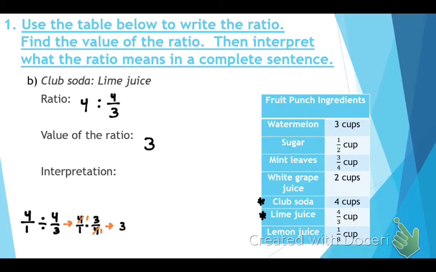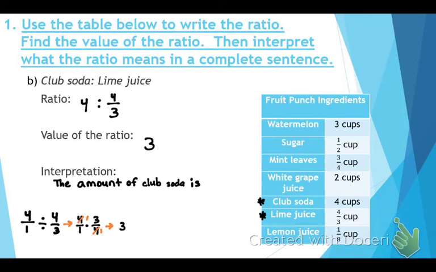Is there anyone who would like to try to help me with how to interpret what in the world this means with the 3 versus the club soda and the lime juice? What do you think, Caleb? Look at how we did problem A. The amount of club soda is 3 cups the amount of lime juice.